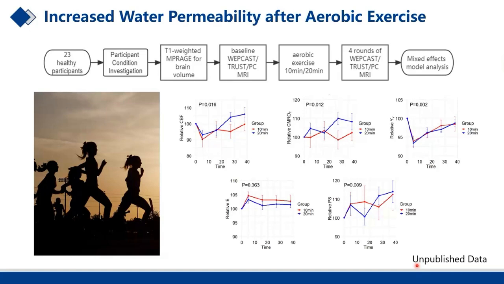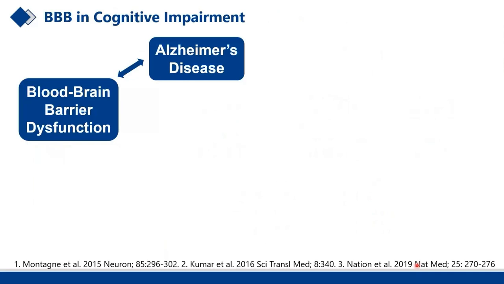So after all this technical stuff, these technical verifications, I guess it's a little bit tedious, I can finally show you some other clinical applications of our techniques. Similar to the previous talk, people are always very interested in how BBB changes in cognitive impairment.